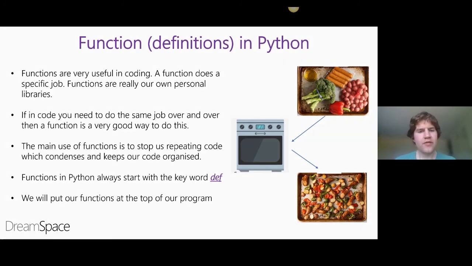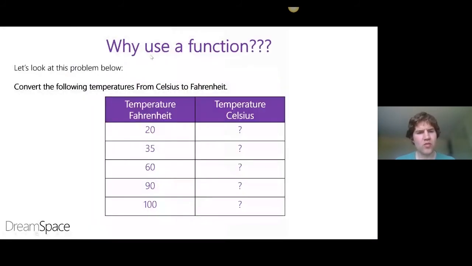So if there was a problem like this, where you had to convert temperatures from Fahrenheit to Celsius, but you had loads and loads of them to do, well, we have a program now that can convert from Fahrenheit to Celsius, but are you just going to keep copying and pasting over and over again?